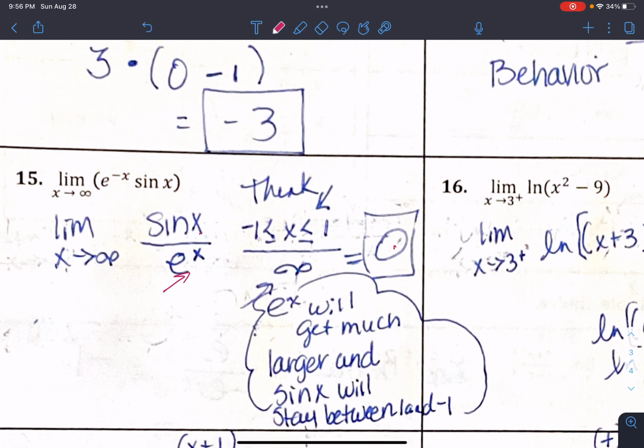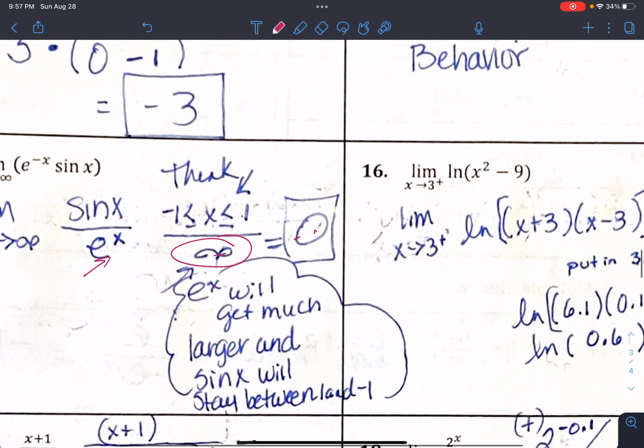But I wanted you on that day to think that sine x can only be between negative 1 and 1. And e to the x can be a heck of a lot bigger than 1. So it's going to be getting bigger, even if it's negative bigger or positive bigger, it doesn't matter. But if it's positive infinity, it's going to be getting bigger a lot faster. Okay? Number 16.